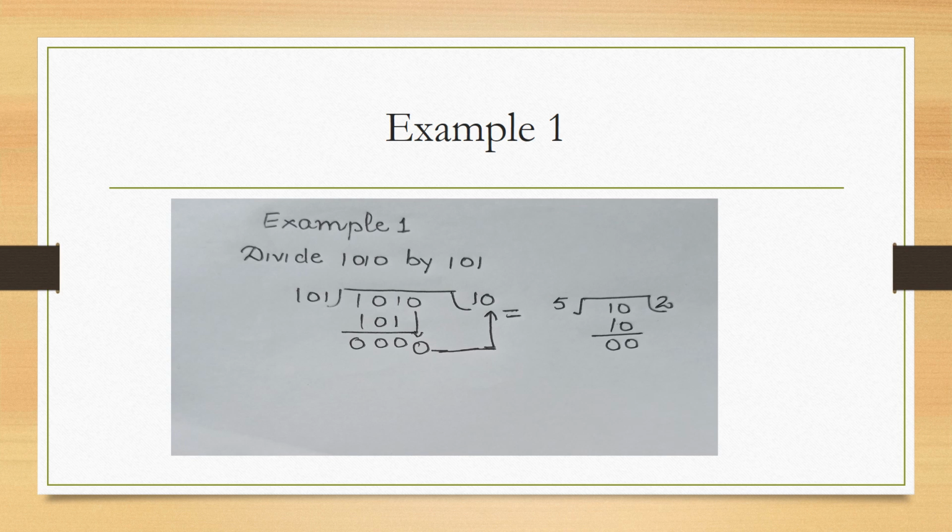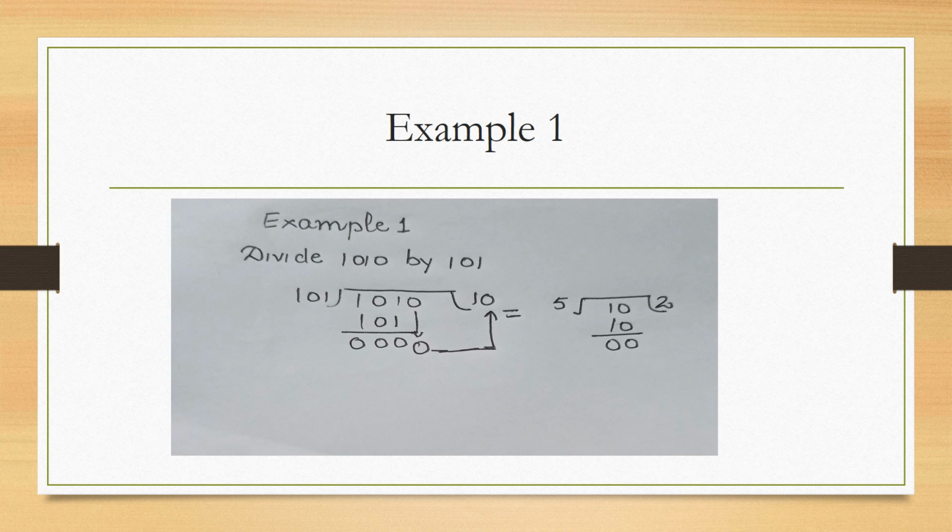Let's learn binary division with an example. Divide 1010 by 101. We'll take the number 101 and write 101 outside. When we take it as 101, 1s are 101. So we got 0, 0 and 0 at the bottom.